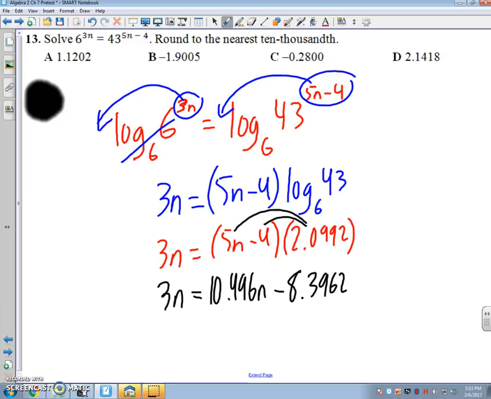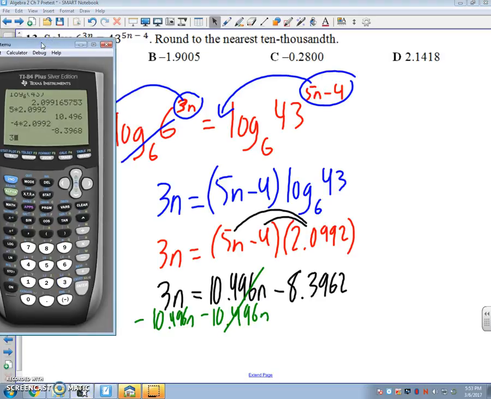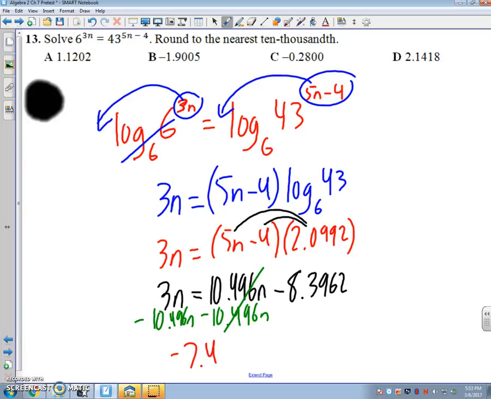Solve for n, move n to one side, so subtract 10.496n from both sides; those are gone. If you didn't use the decimal, you'd not have to round or any of this stuff. So we're at negative 7.496n equals negative 8.3968.